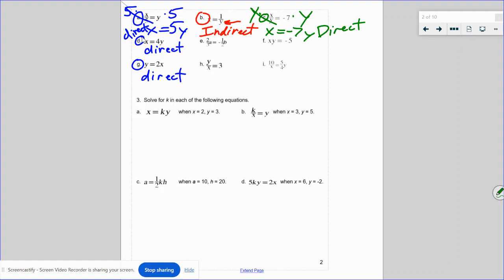Okay, so check those two things. For indirect, we want to check and make sure variables are on opposite sides, and we want to check for division with a variable in the denominator.